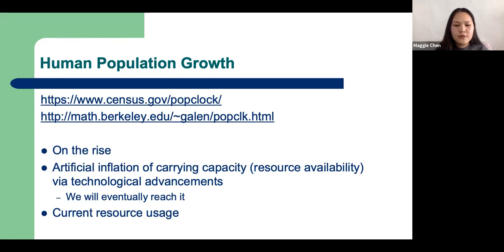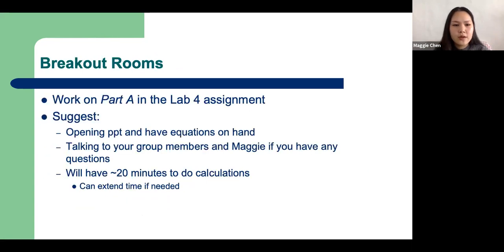So with our current resource usage, we're going to see some changes moving forward, if we're not seeing them now. From here, we are actually going to look at doing the equations that I've gone over in this slide.